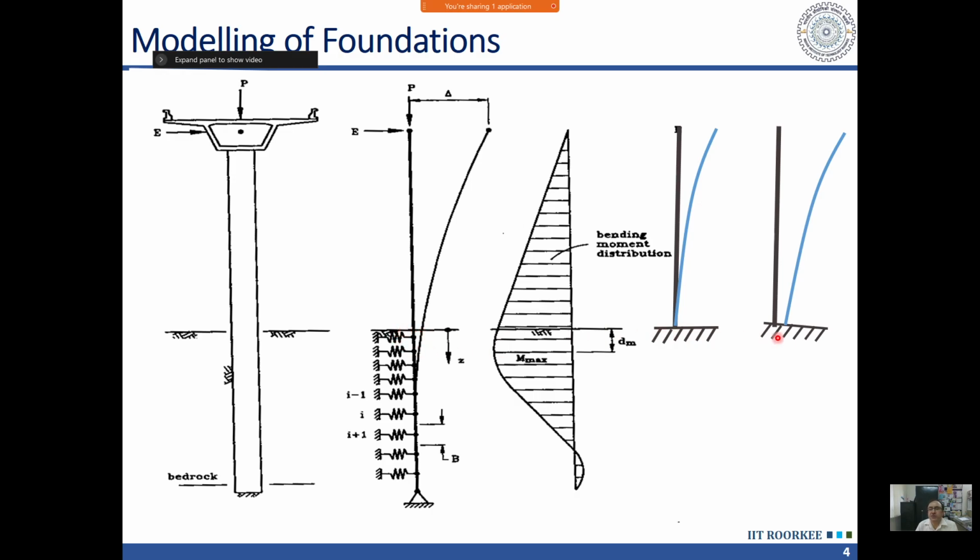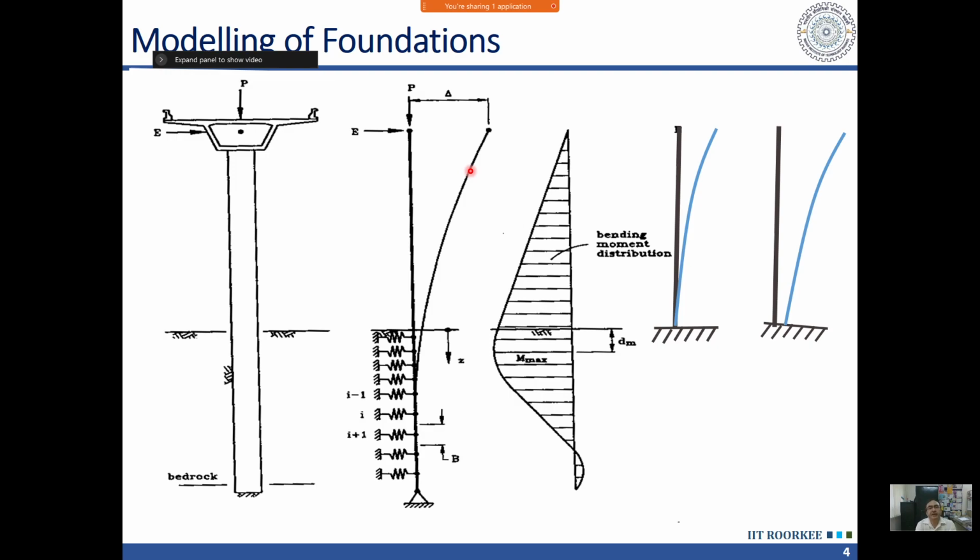Two types of deformations are there, translation and rotation, and both increase the displacement at the top of the pier. Because the displacement at the top of the pier increases, the flexibility of the pier increases, or the period of the pier increases.